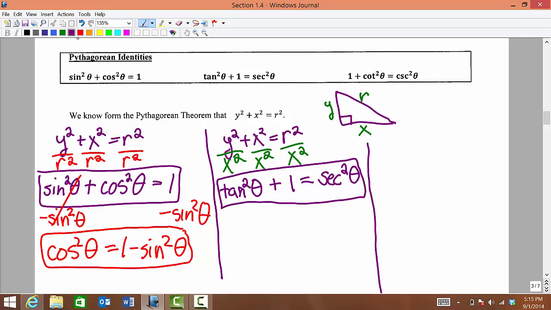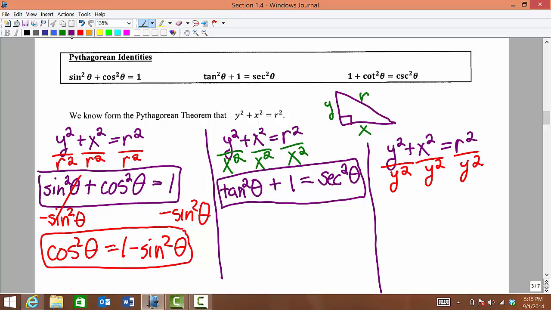Okay, lastly, let's take that same Pythagorean theorem, and this time, the only thing that we haven't done, we haven't divided everything through by y squared. So let's do y squared, y squared, y squared.